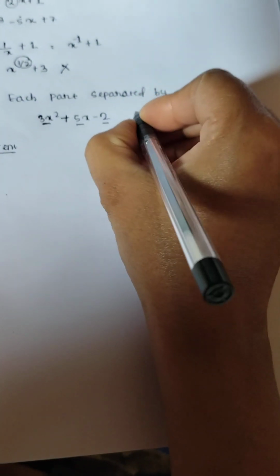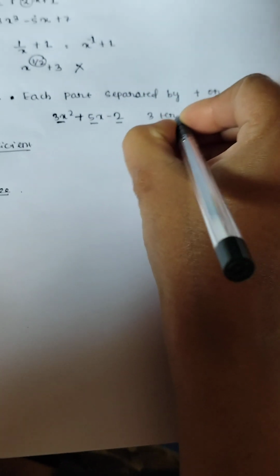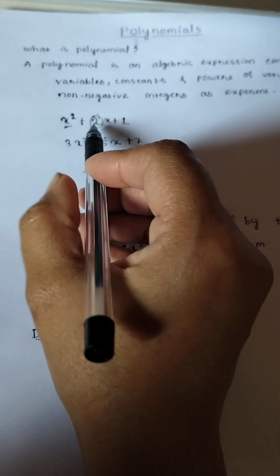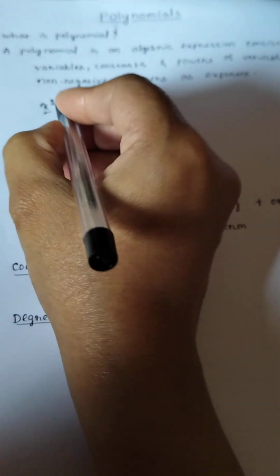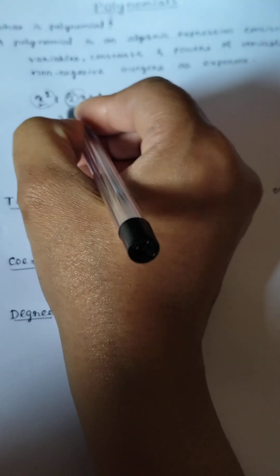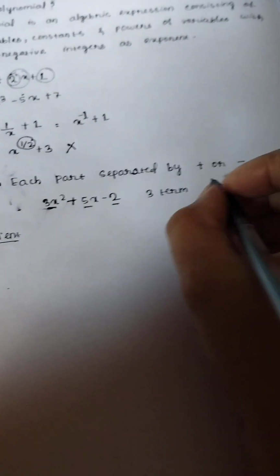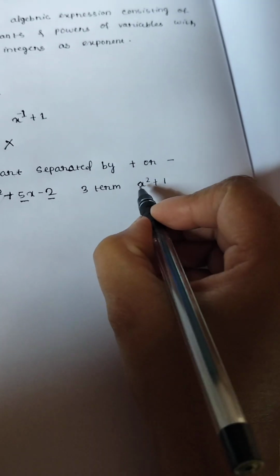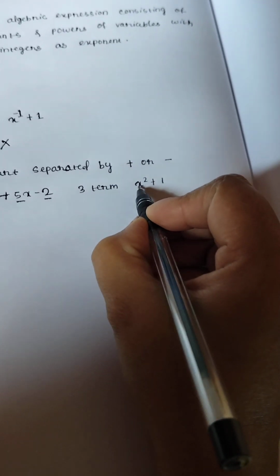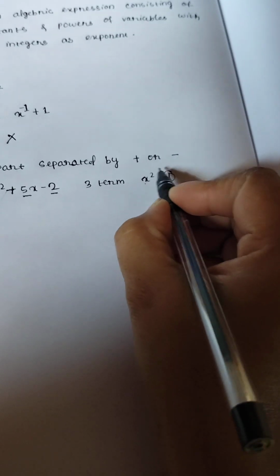So it has three terms. Like that. For an example, x square plus 1. In this polynomial it has 1, 2 terms.